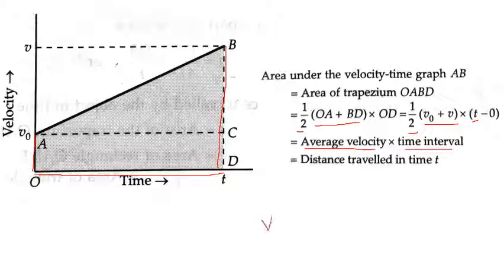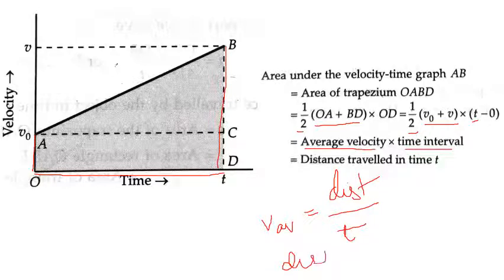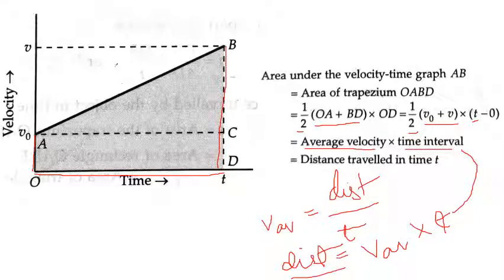Average velocity equals the distance covered divided by time, so if the average velocity is given, average velocity times time will give us the distance traveled by the body in time t.